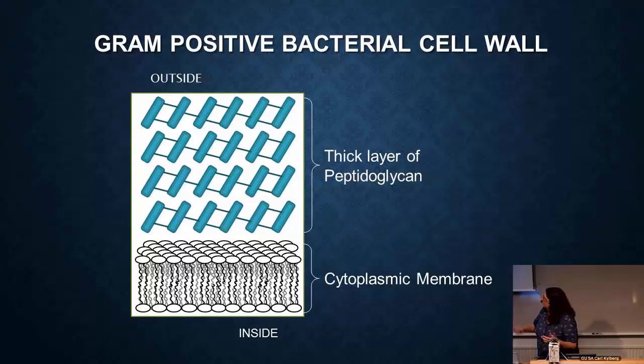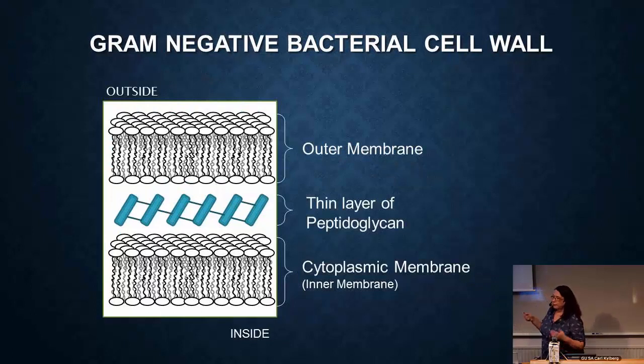So if the peptidoglycan is messed up, it will lose its shape. Gram-positive bacteria have many, many layers of this peptidoglycan all around the cell. When you stain these bacteria, the purple dye gets stuck in this peptidoglycan layer, and that's why they look purple.